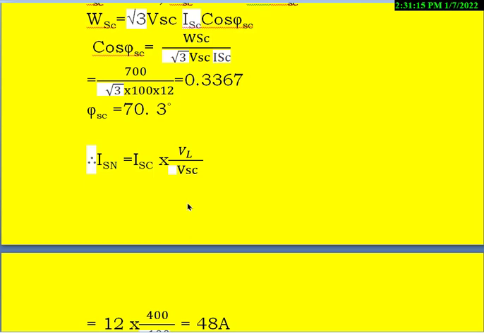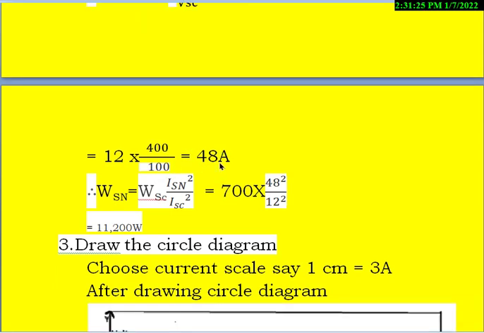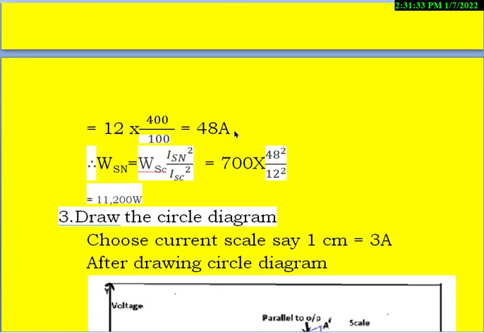For rated voltage, that is 400, how much? So substitute that: 12 divided by 100 into 400, so we get 48 amperes. So this is the short circuit current when we apply the rated voltage to the motor.